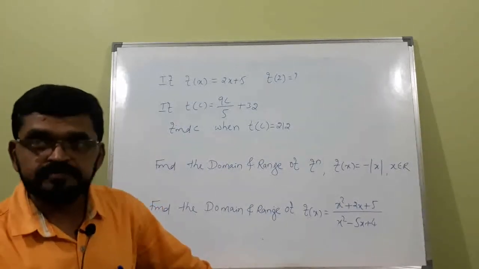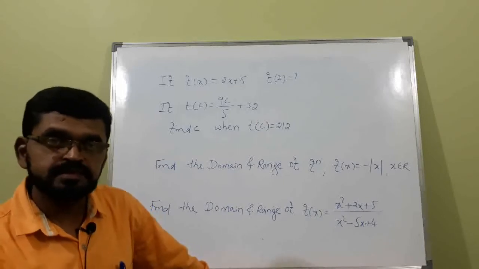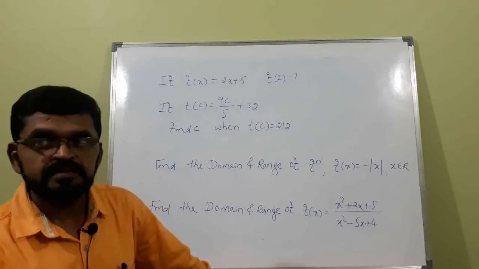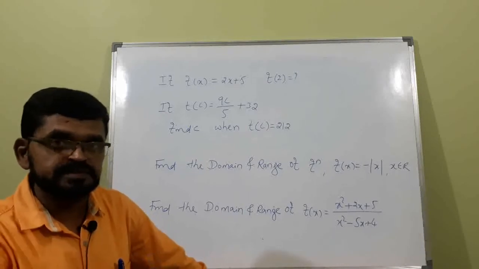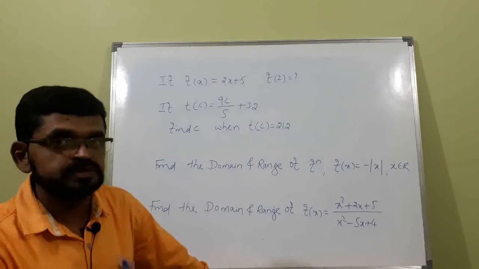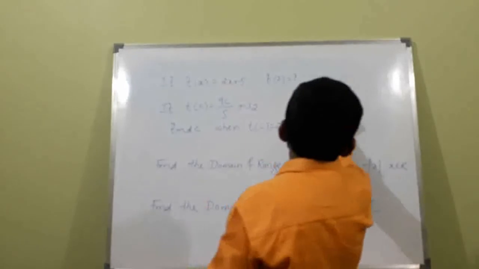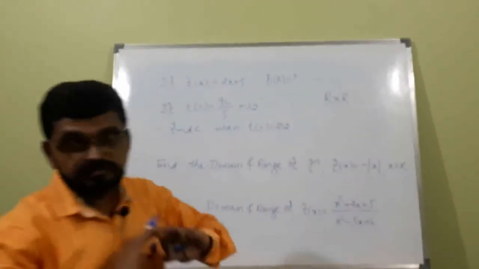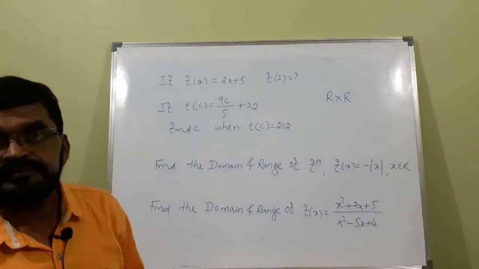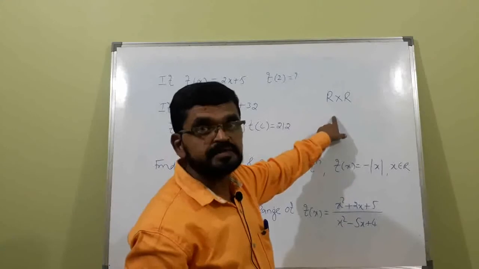The Cartesian product of two sets, A cross B, is the set of all ordered pairs in which the first element corresponds to the first set and the second element corresponds to the second set. Order is important. What is R cross R? R cross R is the set of all points in the two-dimensional plane.